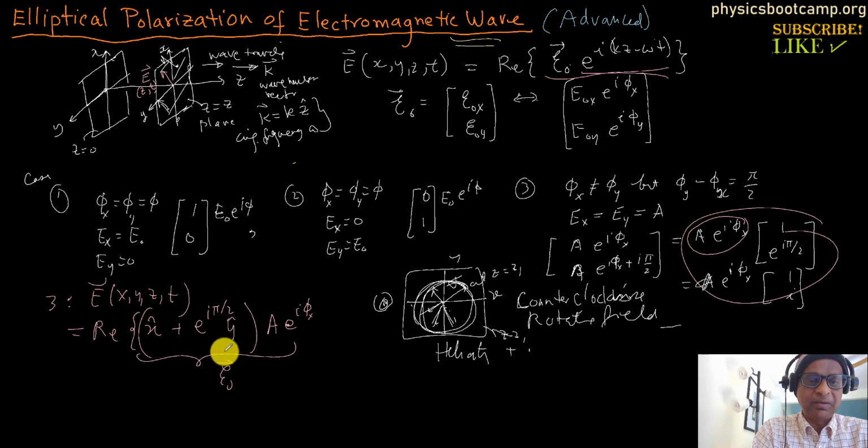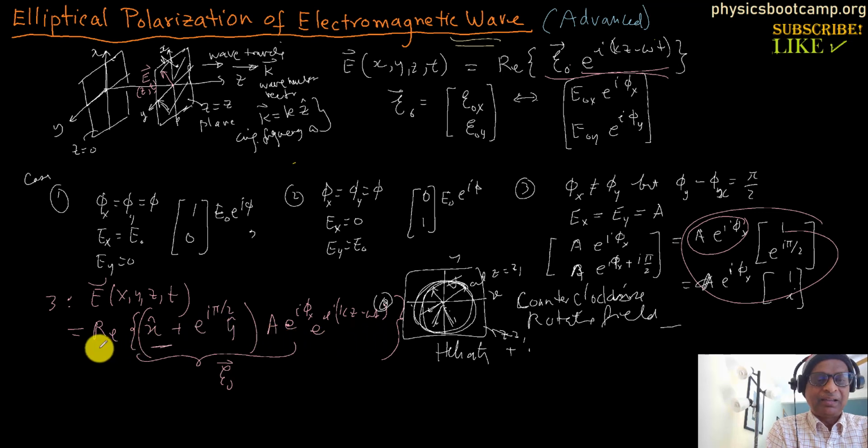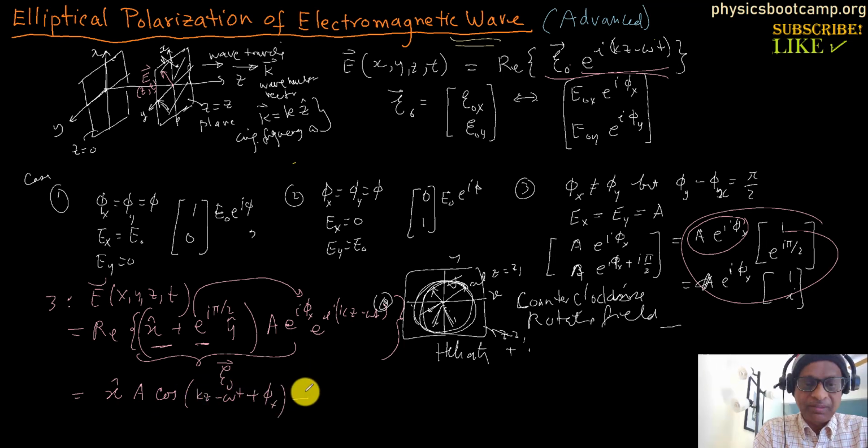This is E0 complex, and then e to the power i(kz minus omega t). When you work it out, the real part of this will be just that, and the real part of that will have to include this in there, so it's going to be x hat a cosine(kz minus omega t plus phi x), no surprise there, plus y hat cosine of this whole thing, let's call this theta, but then I have to add pi over 2.